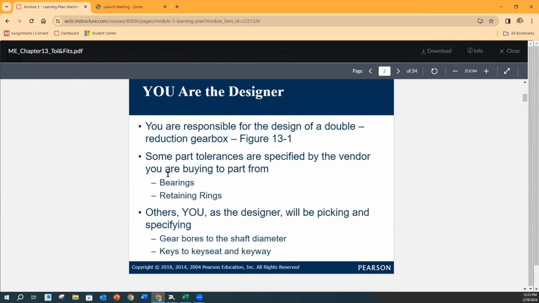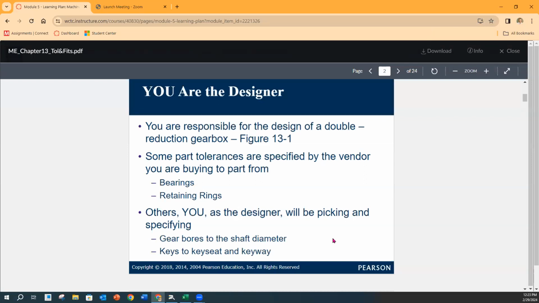So in some cases, that's going to be set for us. And we need to then adhere to that so that we ensure that our elements are going to perform the way we're intending and the way that the vendor, if you would, promises that they will. But others, you as a designer will be picking and specifying those. For instance, we did look at the gear bores to the shaft diameters, okay?